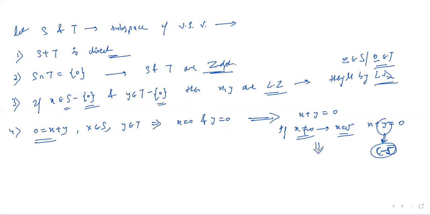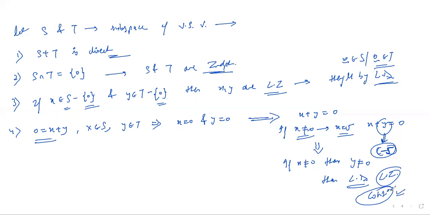So if x is not equal to 0, then y is also not equal to 0, and from this we get that they will be linearly dependent. But we have said that S and T are subspaces which are linearly independent, so this is a contradictory statement.